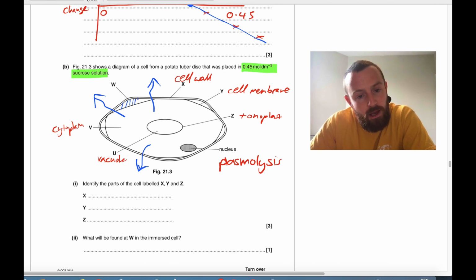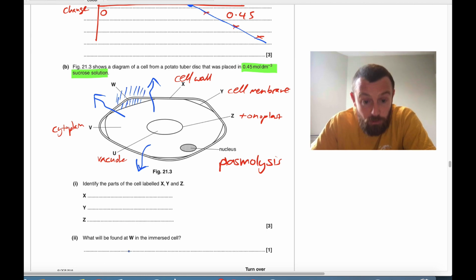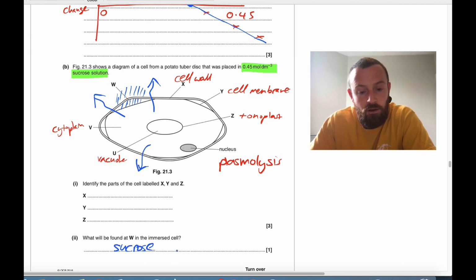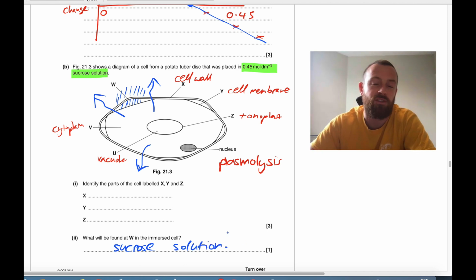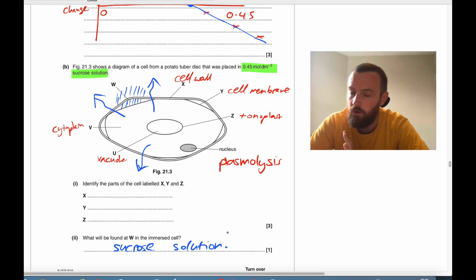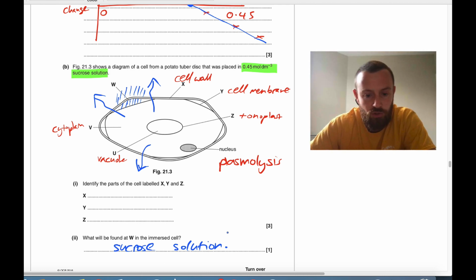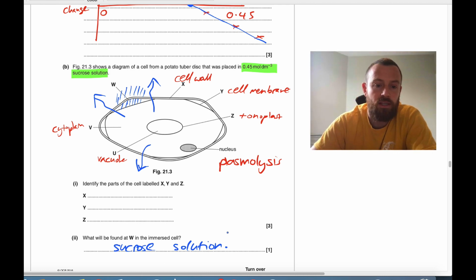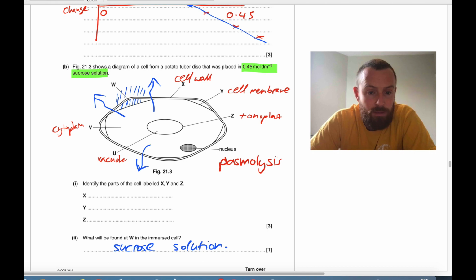Well, this space here is actually just the same as the solution that it's been placed in. So W is the sucrose solution. And the mark scheme is quite specific on that. You have to actually say the sucrose solution. You might have said water, but that's not quite right. It's the solution. The external solution would also be acceptable. I'll show you the mark scheme now.